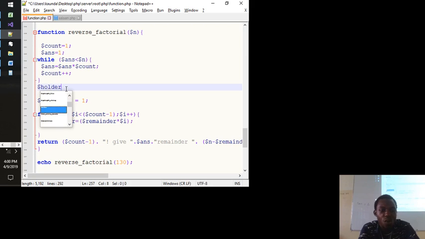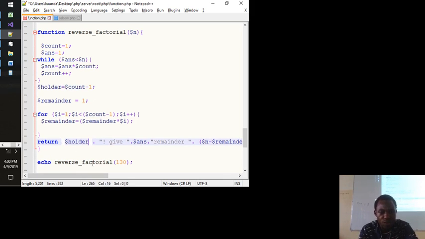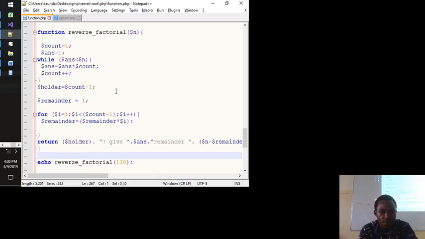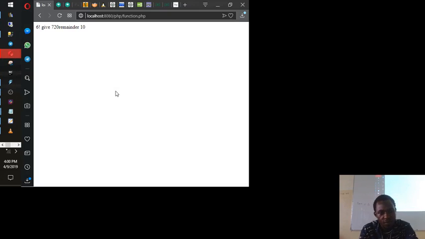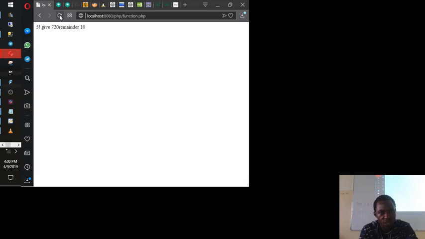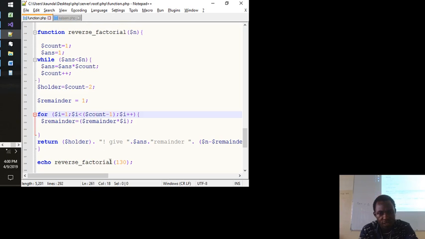So I'll call this, let's say, holder is equal to count minus 1. I'm thinking whether the count value will be changed here. That is what I'm thinking around. So let's see here. Minus 2. 5 factorial gives this answer.